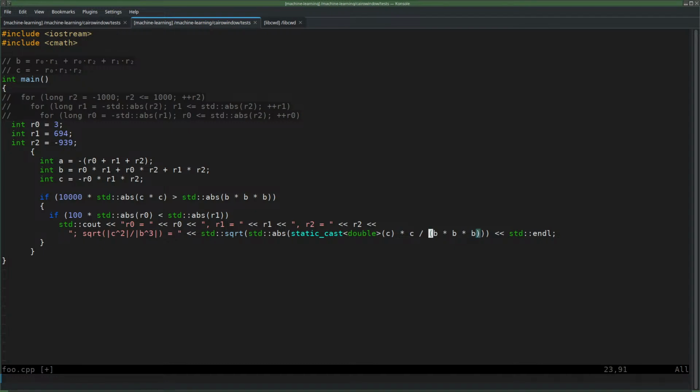And this also won't work then. B might be very large, but already be a million. I should probably just convert the whole thing, I mean, the A, B, and C to double already.